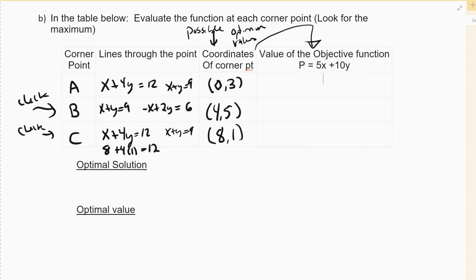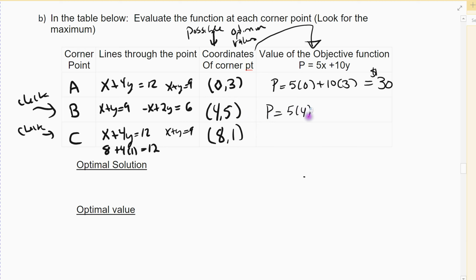I don't know why my pen stopped working. There we go. Alright, so P equals 5 times 0 plus 10 times 3, which comes out to 30. So if we've got 0x and 3y, we get $30 in profit, which I'm going to guess is my smallest. I'm going to guess either the 4, 5 or the 8, 1 one is going to give me my biggest.